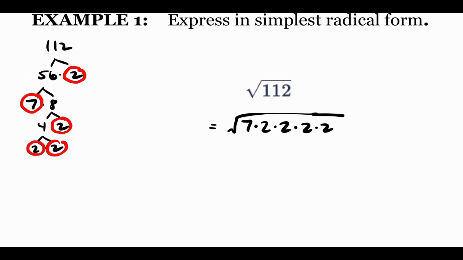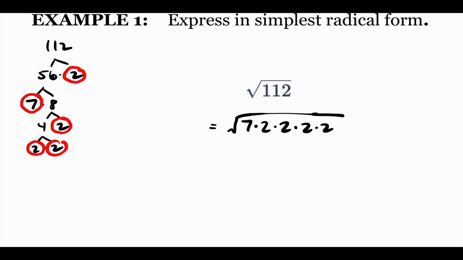So that's why I put multiplication dots in between. So 112 is the same thing as 7 times 2 times 2 times 2 times 2, right? If you were to multiply it, you'd get 112. So I didn't change 112. I just changed the way it looked. Why? For my next step.